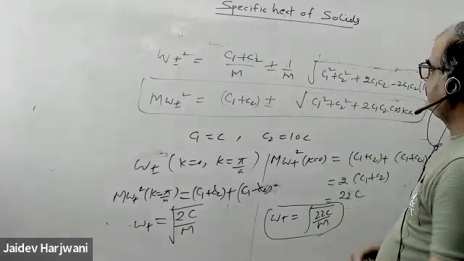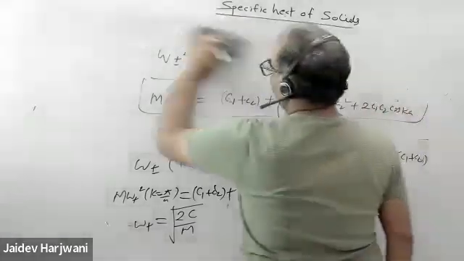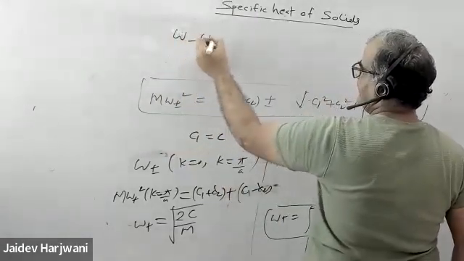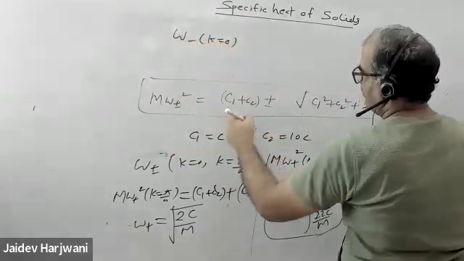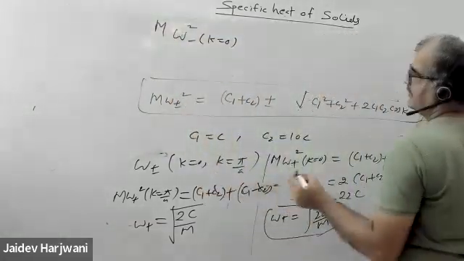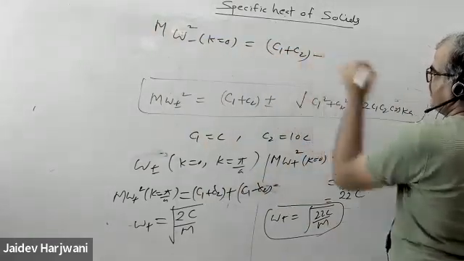Similarly, now you calculate omega minus. If you calculate omega minus at k tends to 0, so omega minus will be what? M omega square c1 plus c2. Here you put minus.